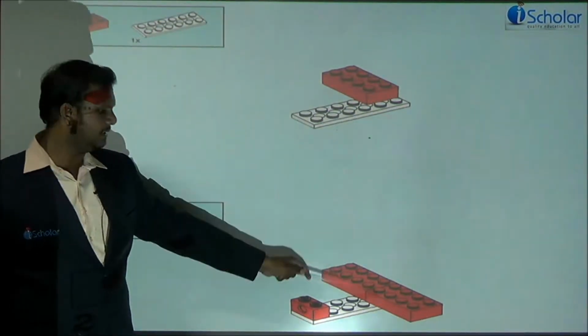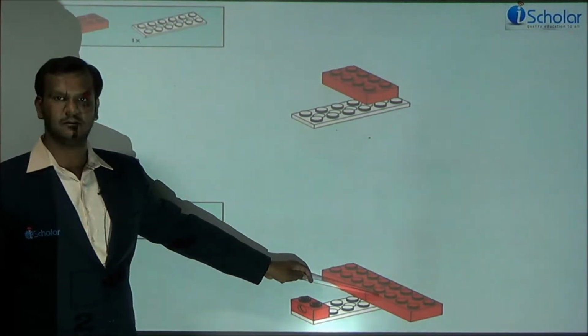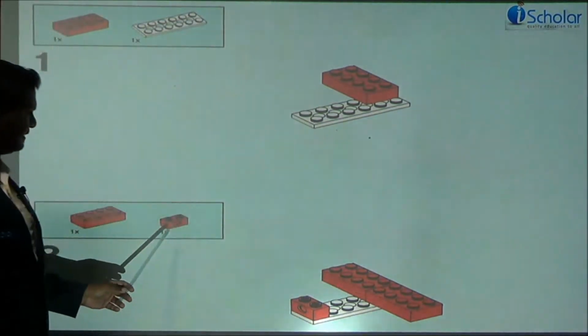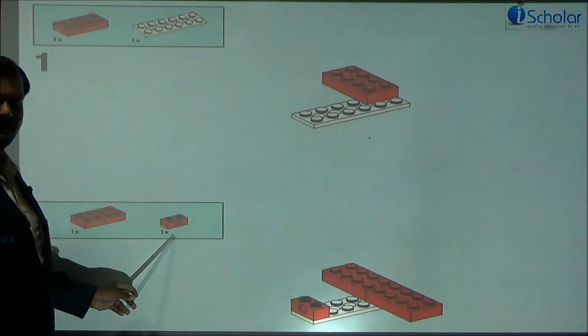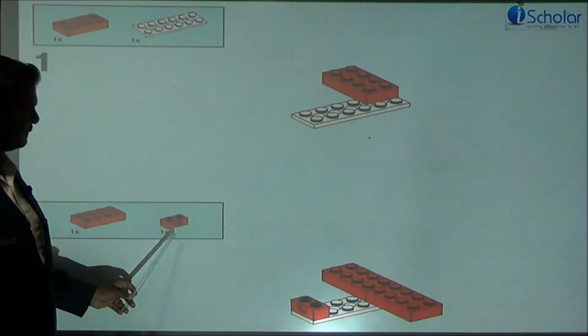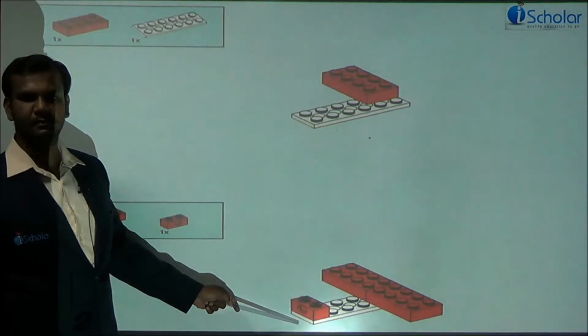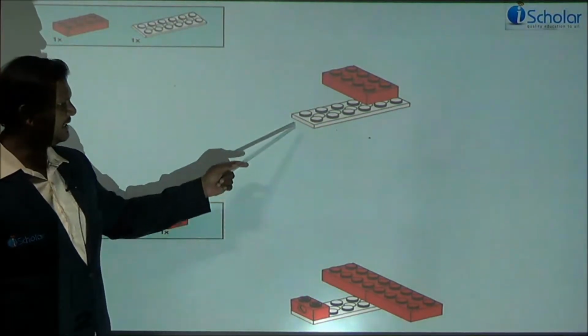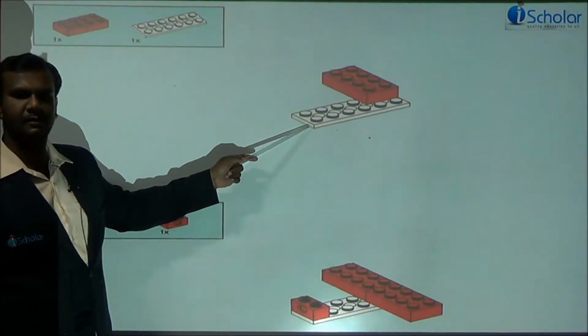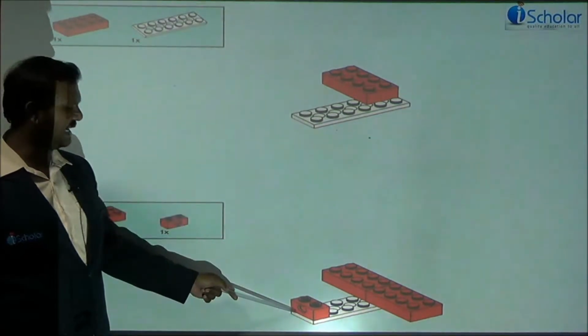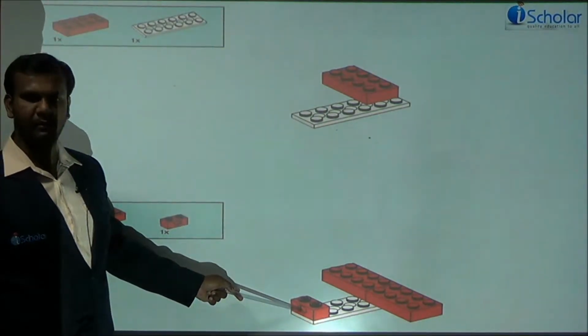So you will get up to this. And after that, with this small red color building block, take this and attach it towards the end. Okay? So this particular end should be attached with the small red block.